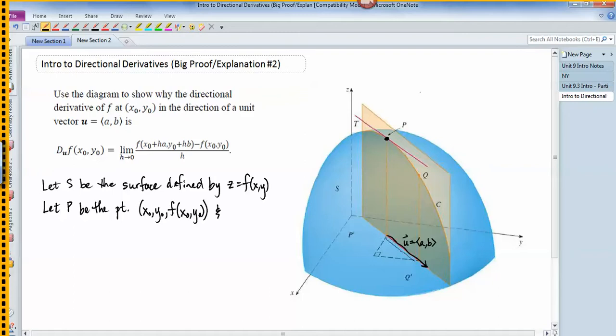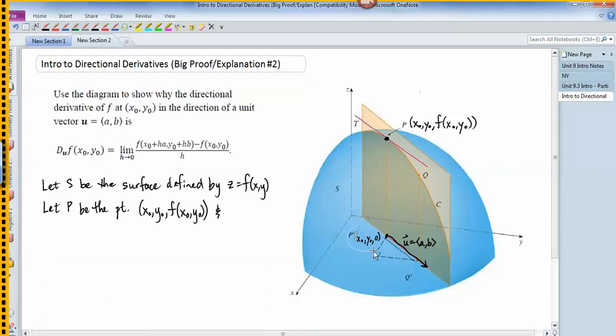And if you notice P prime, so I'll label it right here, x naught, y naught, f of x naught, y naught. And you notice P prime is just if I project that straight down onto the xy plane. So there's P prime. This is really going to be x naught, y naught, 0 right there.